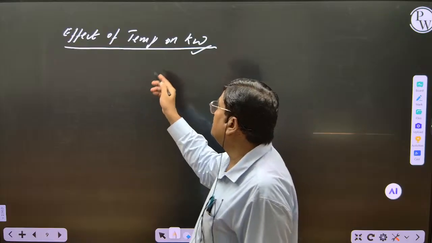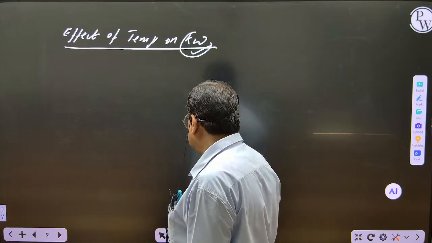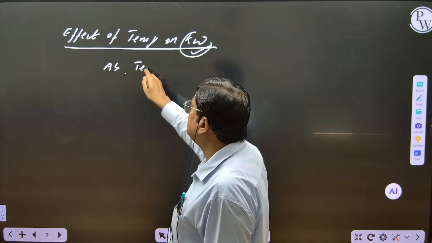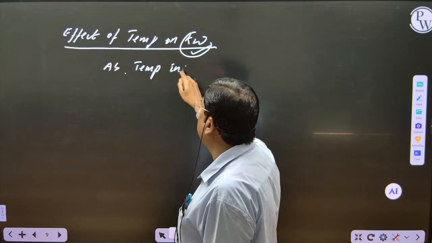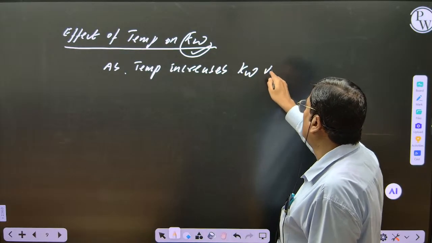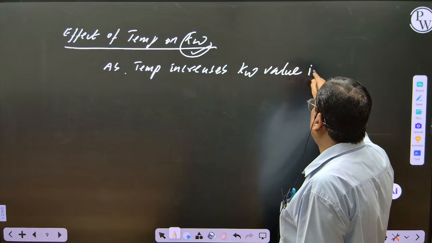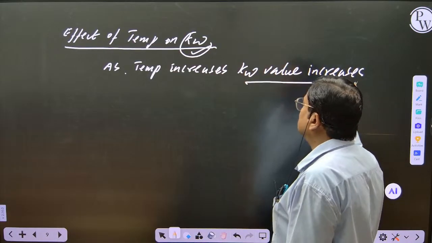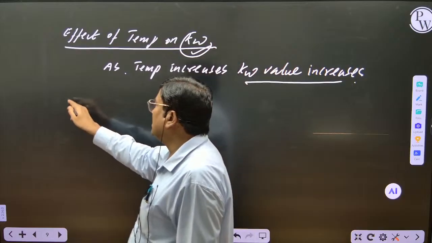So here what happens to the Kw value? Write that as temperature increases, Kw value increases. What is the reason? In the reason they ask, the reason is the more ionization of water.